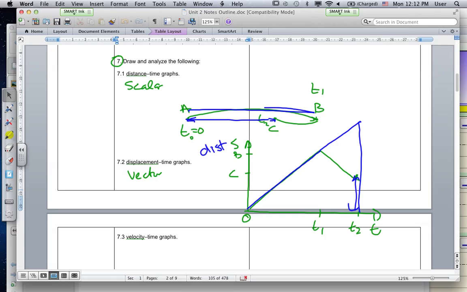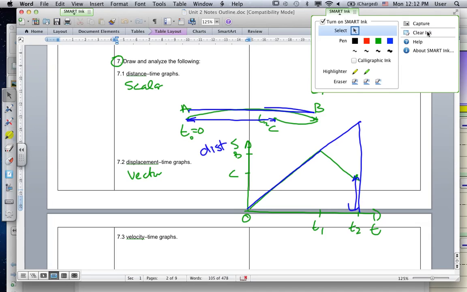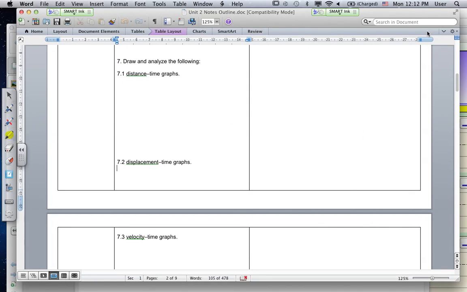Now, let's just work with displacement for the moment. We've dealt with the difference between distance and displacement. Let's go back to our displacement-time graph, and there are a few things that we need to know about this.